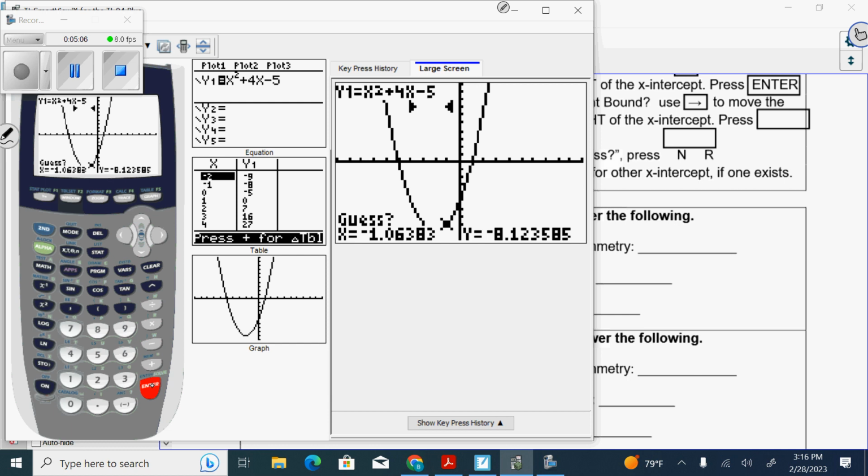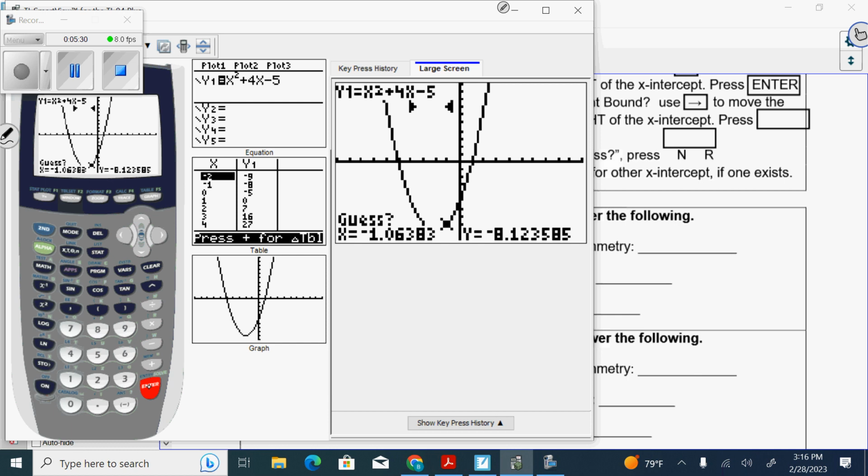Okay, and it should tell us where our, mine just froze. Give it a second, see if it goes. When we press enter, it should tell us that our coordinate is where. So it's a coordinate point, so it should give us an X and a Y. What does that say on our screen? About negative 1.99.